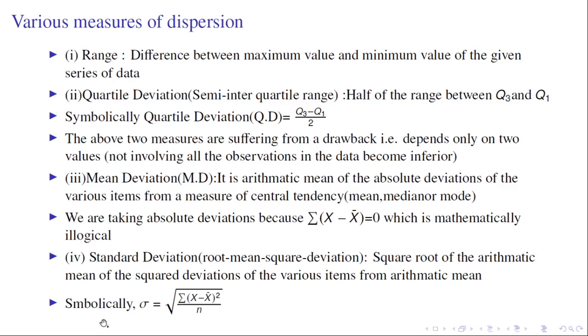Symbolically, it is denoted by sigma equals root of sigma xi minus x bar whole square by n. These are also deviations, but these deviations are squared. While taking absolute deviations, we are squaring them and we are rooting them.